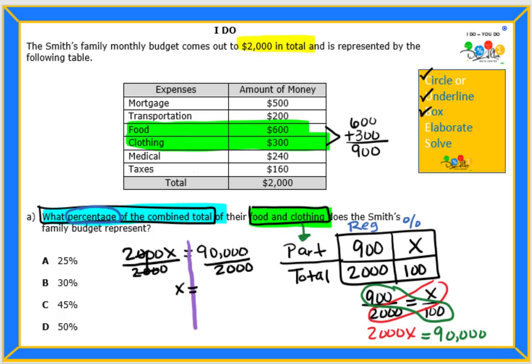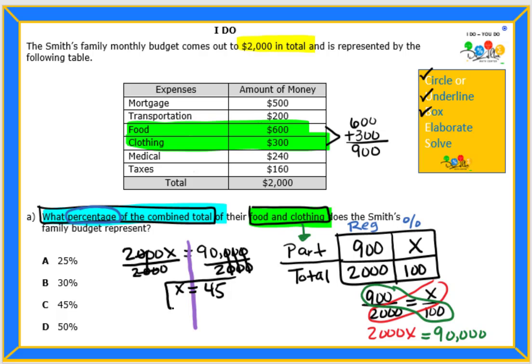So 2,000, we can eliminate the zeros because we're simplifying by dividing both of those by 1,000. 90,000 divided by 1,000 is 90. 2,000 divided by 1,000 is 2. So now all we have to do is 90 divided by 2, which would give us 45.